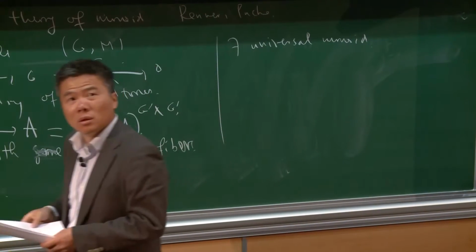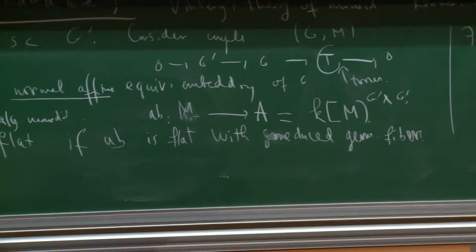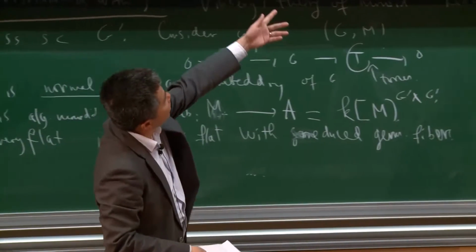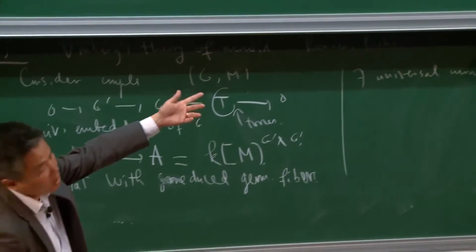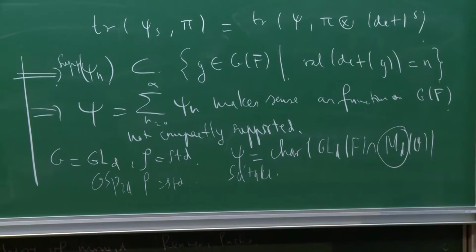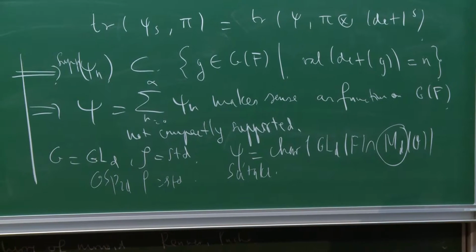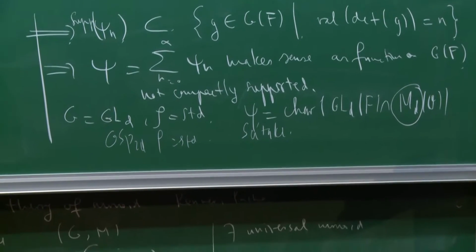Okay. So we think that for GL_n, the universal monoid should be the matrices. It's not true, it's more complicated. For GL_2, it's just the matrices. But in general, it's more complicated. It's related to the wonderful compactification of the semi-simple group, for example.